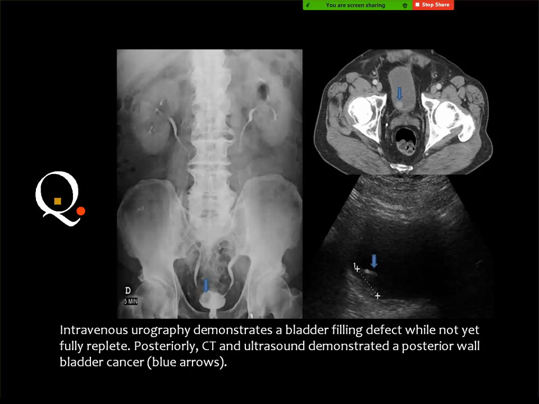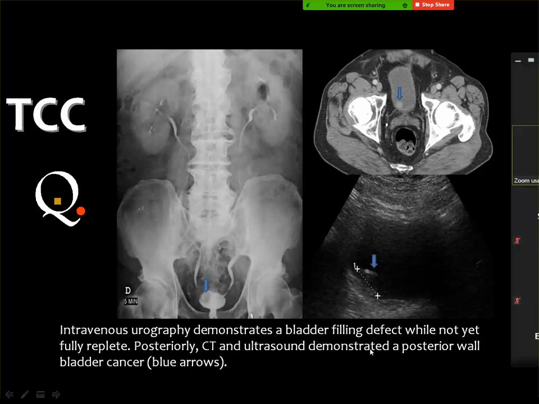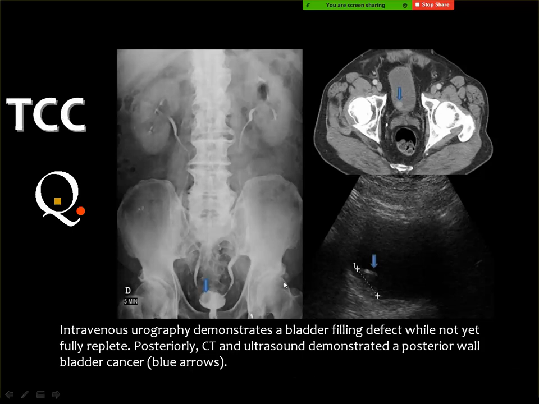Filling defect in the distal right ureter, enhancing post-contrast in the axial CT. Yeah. This could be a transitional cell carcinoma. Yes, right. And this is the transitional cell carcinoma of the urinary bladder. It happened to be corresponding to the entrance of the ureter into the bladder.